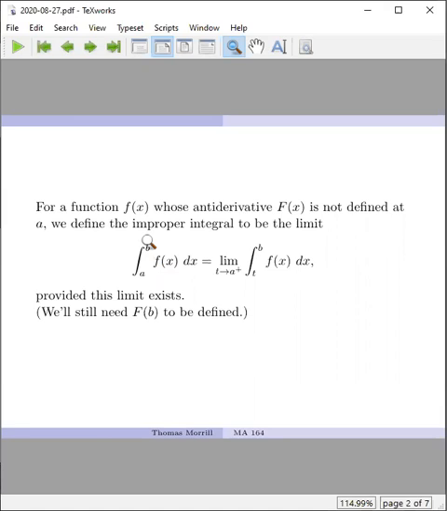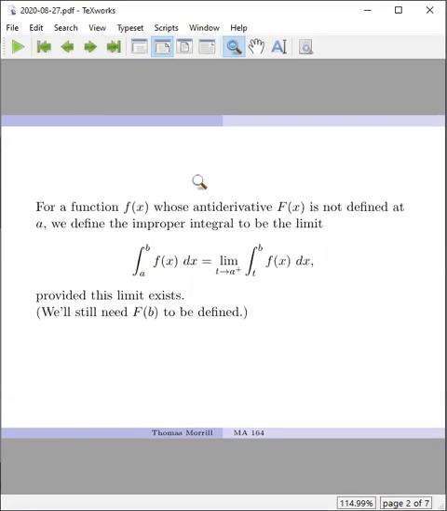However, my antiderivative for this function does not exist at one of those endpoints. This is similar to the idea that I presented in my previous lecture, where I'm integrating out to positive infinity. But it is different because I'm looking at a finite interval. It's the function that is giving me the problem, not the domain of integration.